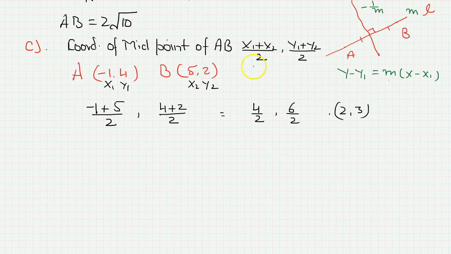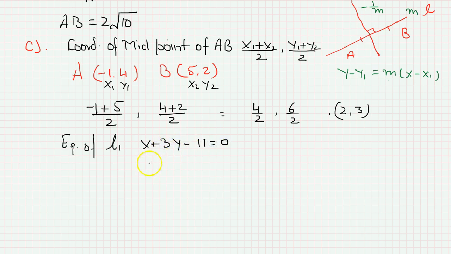We have to find the equation of line L2 which is perpendicular to line L1. So first we have to find the slope of line L1. The equation of L1 is x plus 3y minus 11 is 0.